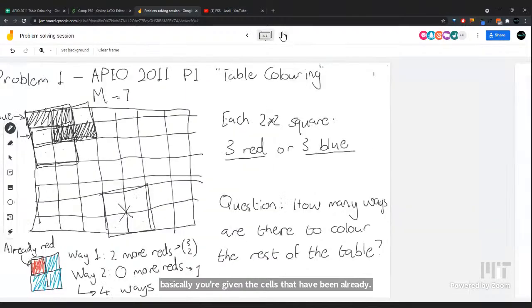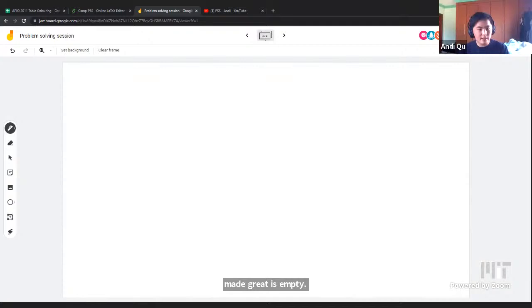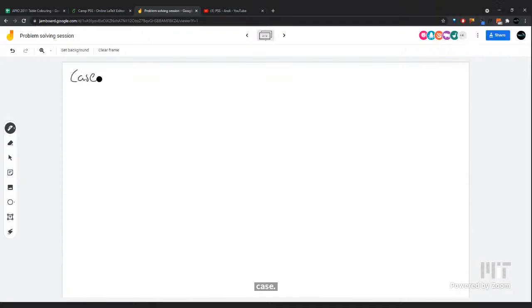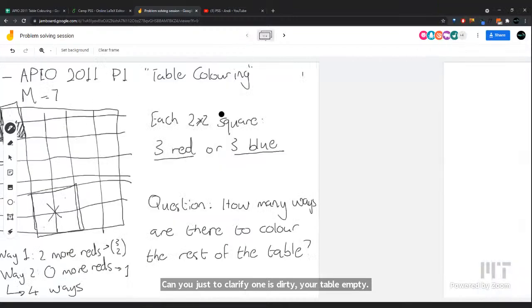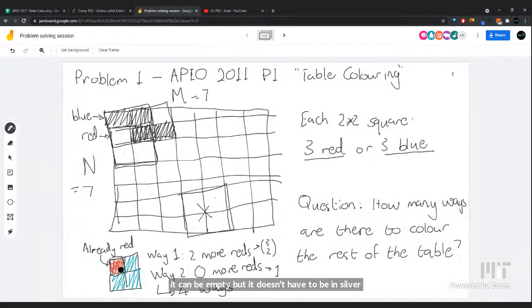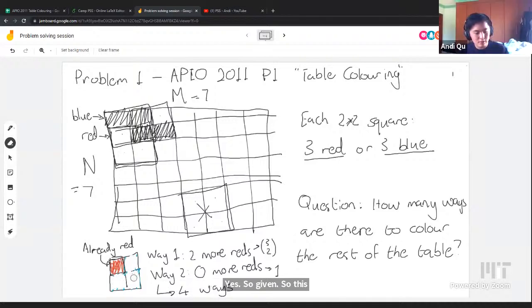Is the original table empty or not? It doesn't have to be. It can be empty, but it doesn't have to be. So wouldn't the answer vary because of the table given to us? Yes, this is the table given to you. There is no blue, and the answer is 4 ways.